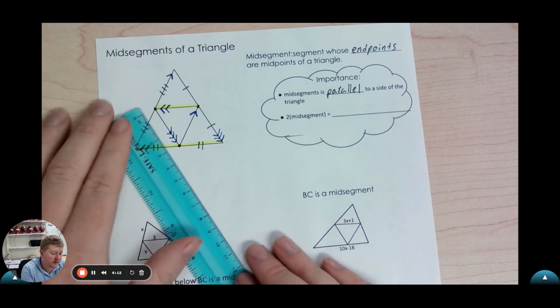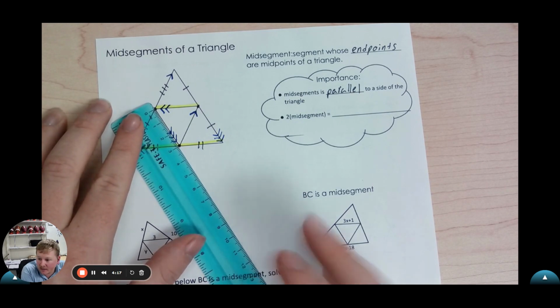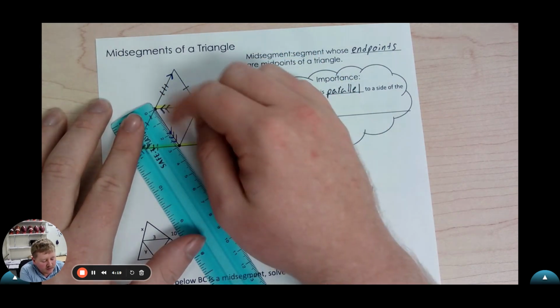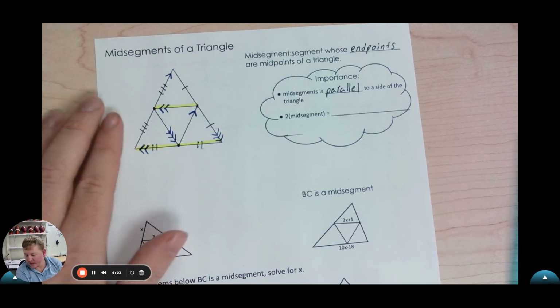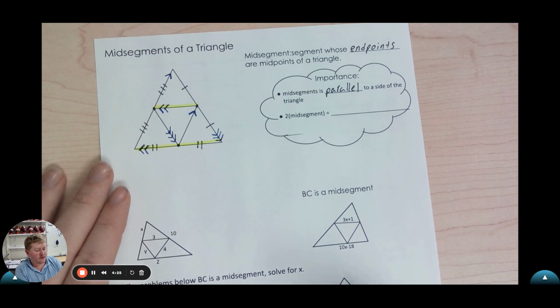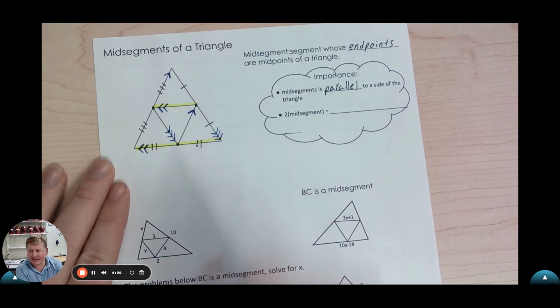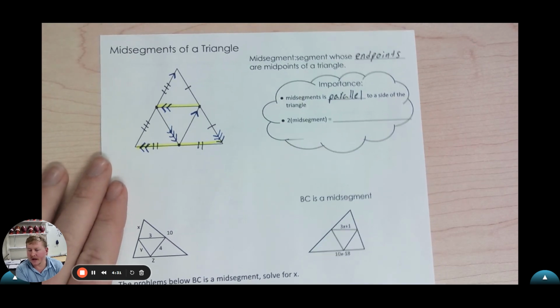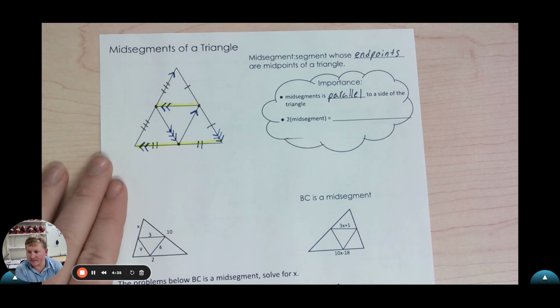Then I would measure this line here, and we would notice, wait a minute, this is 3 too. So that means the length of this mid-segment is always half of it.